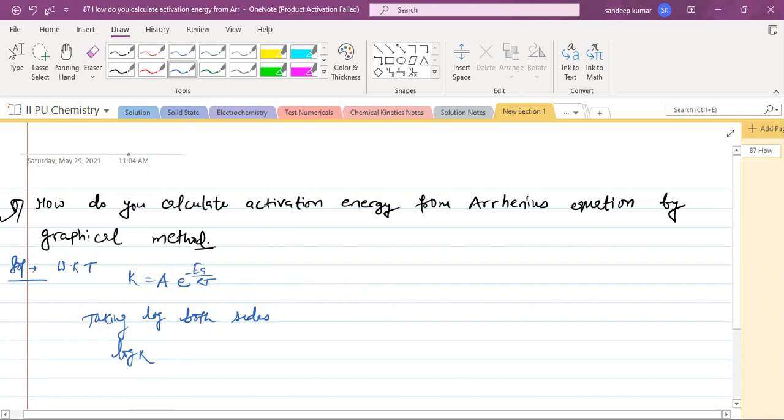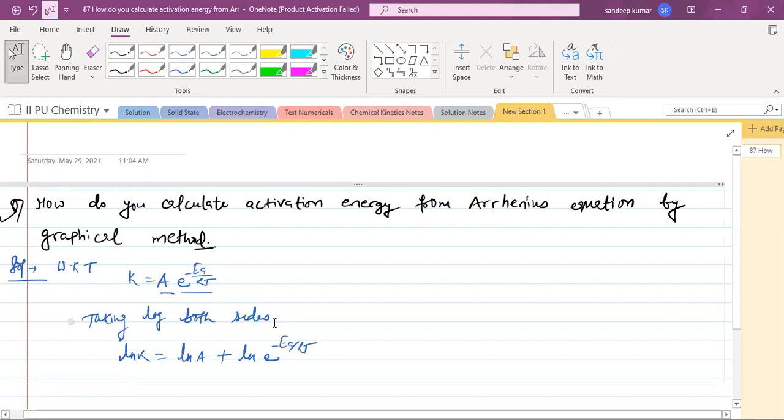So ln k is equal to ln A plus ln e to the power minus Ea by RT.